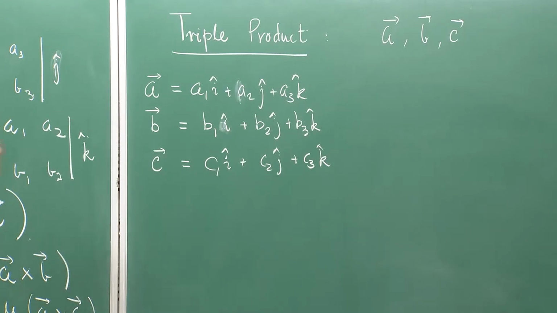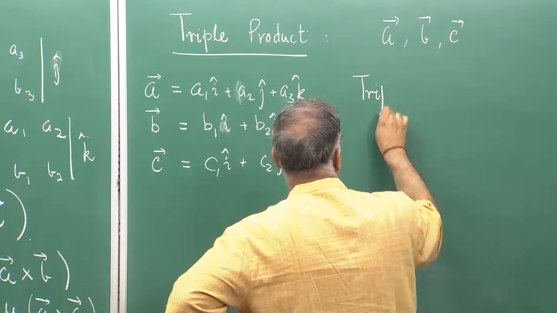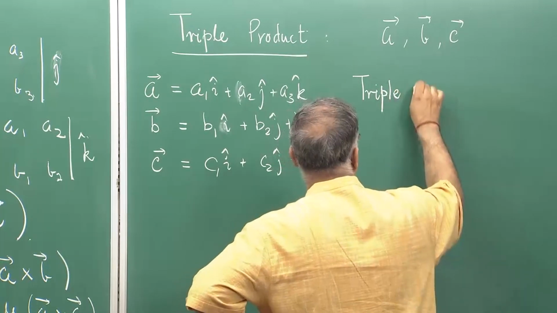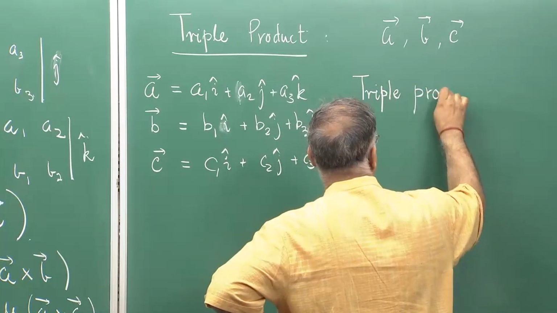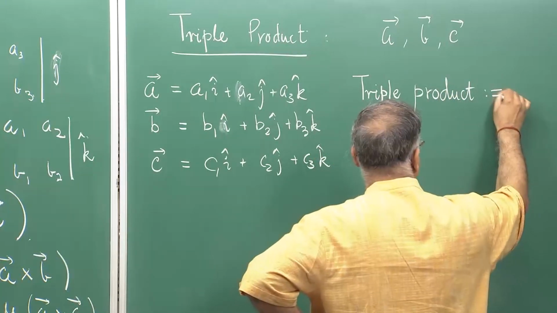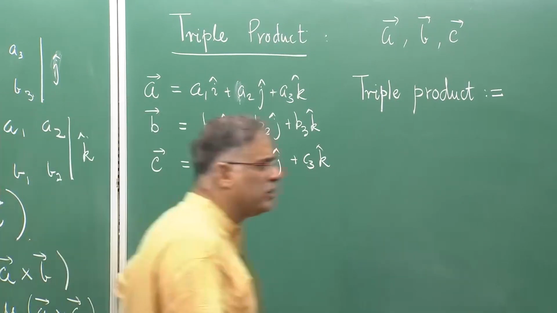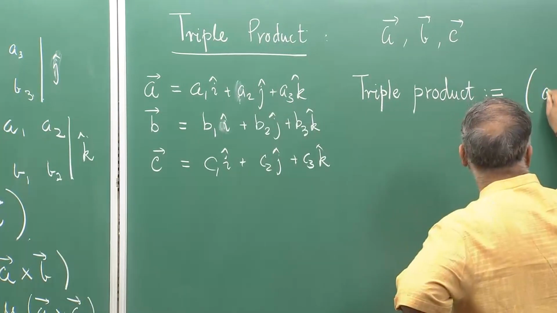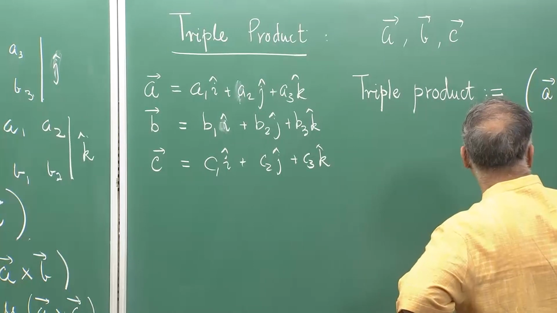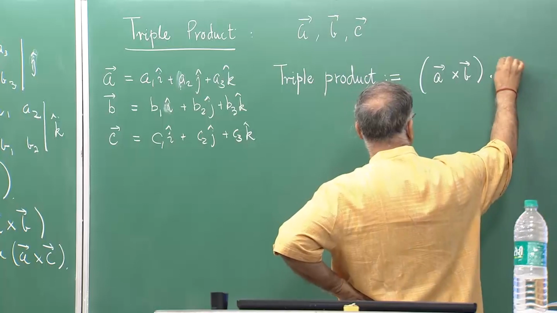So, the triple product is defined as follows. The triple product is a cross b, dotted with c. So, I take the cross product of the two vectors and take a dot product with c.